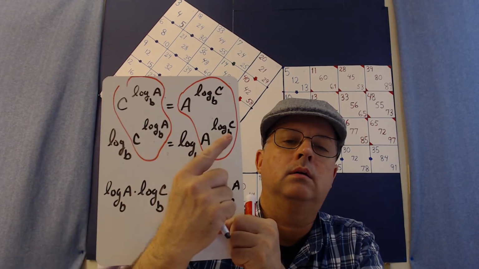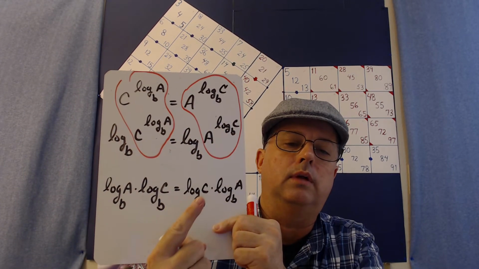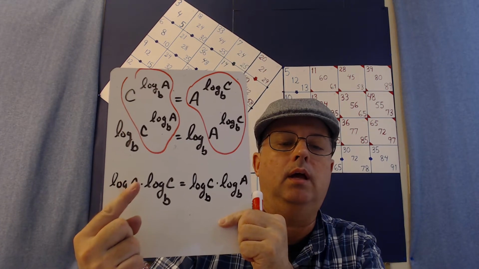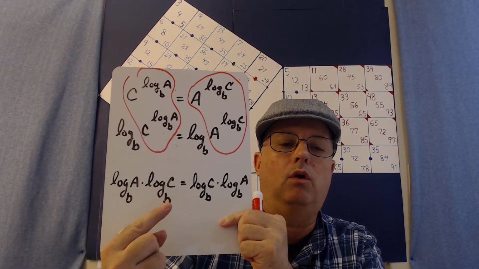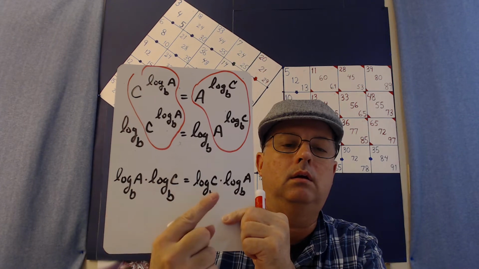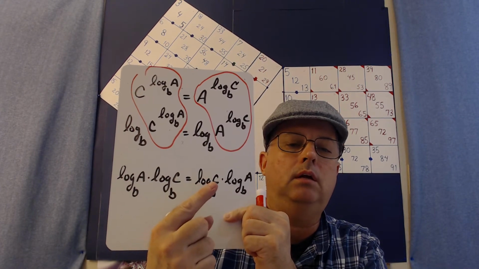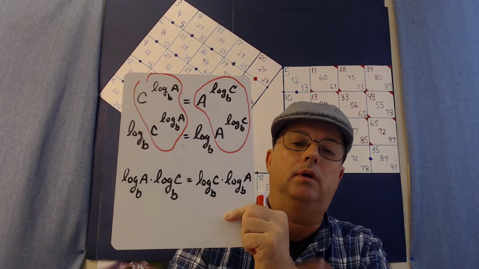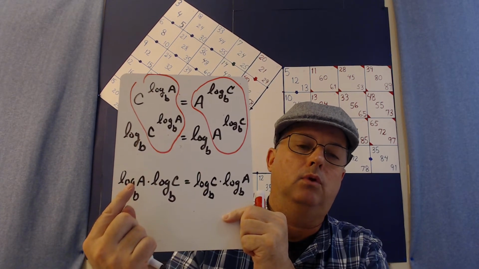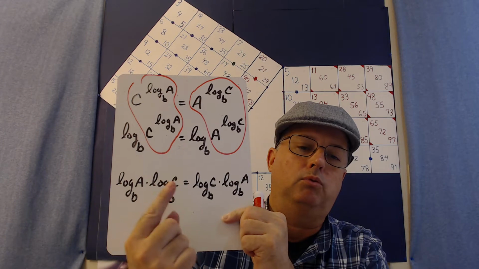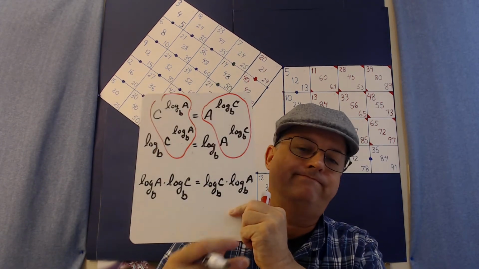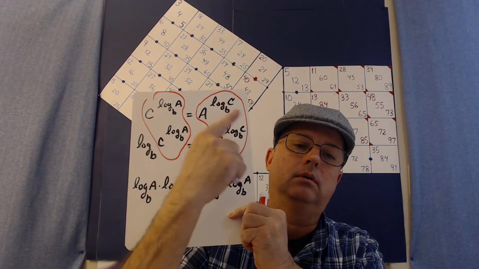And so I have log base b of a times log base b of c is the same as log base b of c times log base b of a. Hey, that's just the commutative property, isn't it? x times y is y times x. Well, no, I have not proven this to be true.